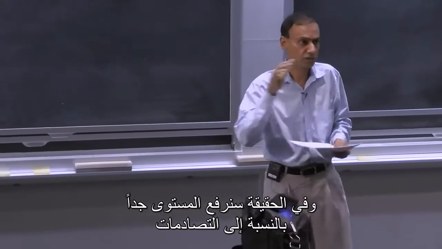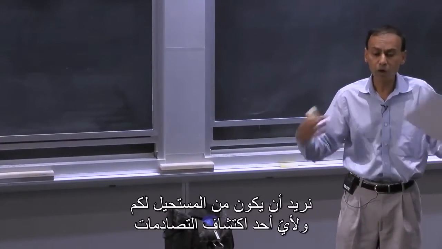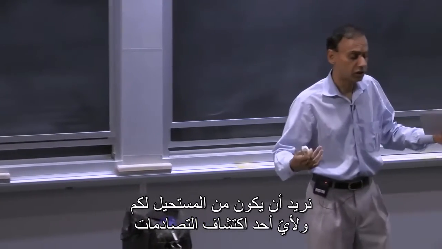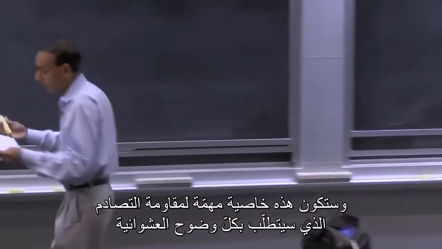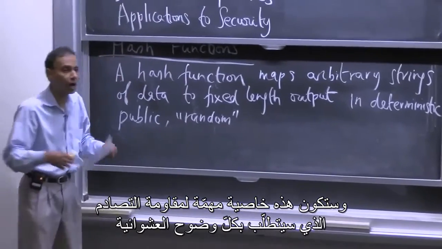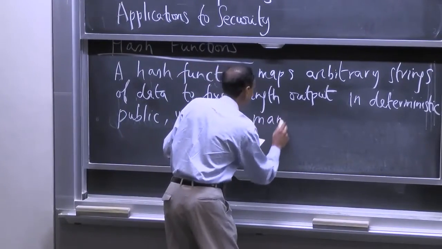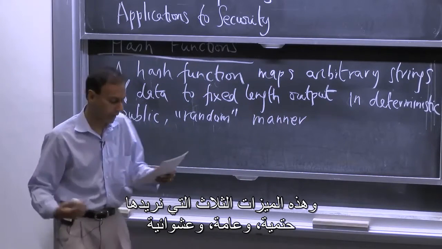And in fact, we're going to raise the stakes really high with respect to collisions. We want it to be impossible for you or anyone else to discover collisions. And that's going to be an important property of collision resistance that obviously is going to require randomness. And those are the three things we want: deterministic, public, and random.